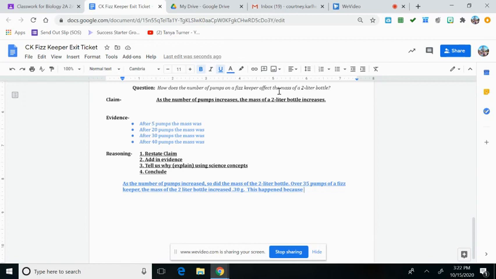We were trying to prove that air has mass. So when the air went into the bottle, it increased in mass, hopefully. So this happened because air was being pumped into the bottle, and air has mass.